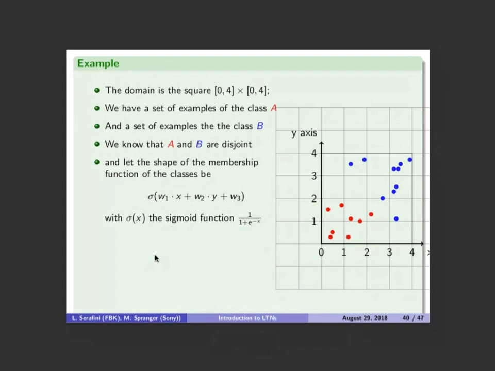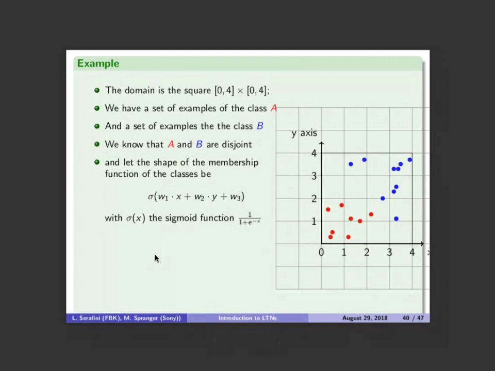And we take this membership function using that sigmoid there. For those familiar with neural nets, you can see directly the correspondence there, right? Sigma applied to W1x plus W2y plus W3, which is what you would get from a perceptron with sigmoid activation function 1 over 1 plus e to minus x.